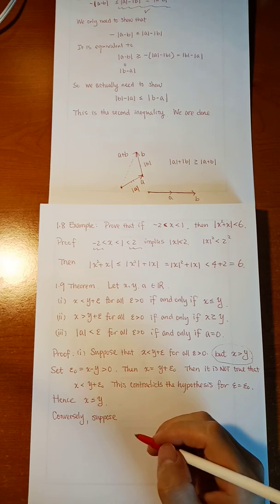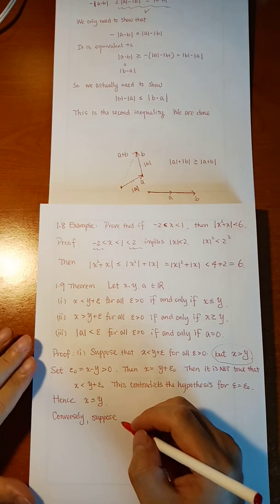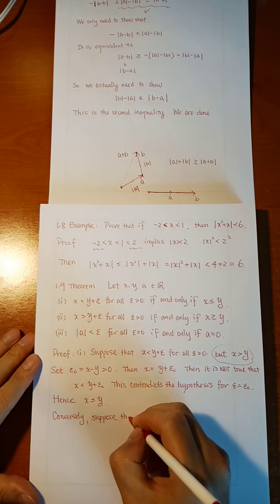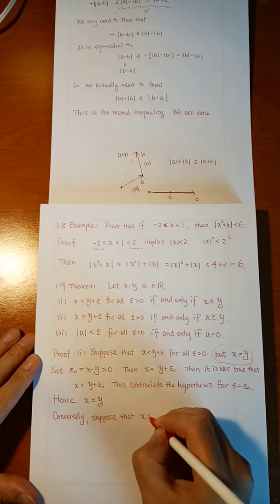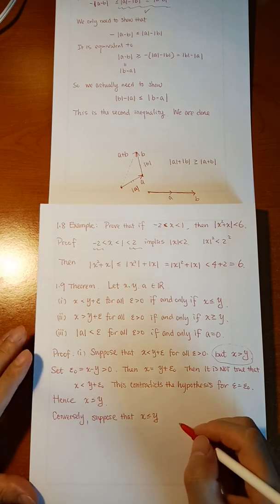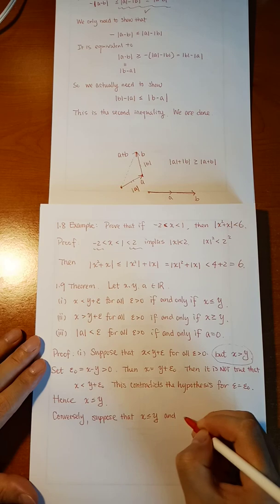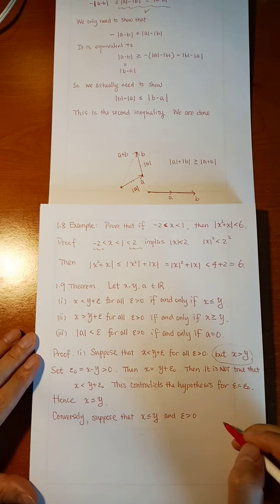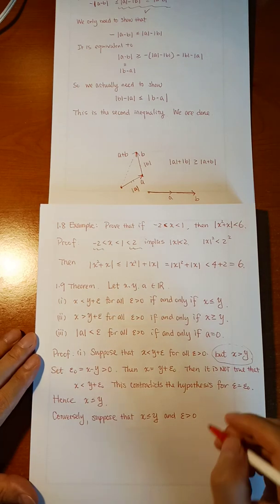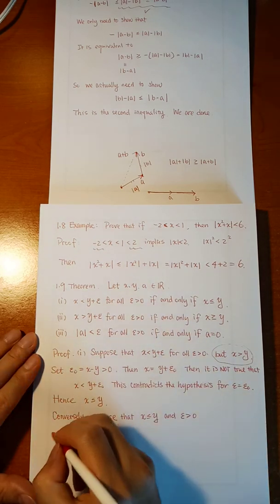suppose that x is less than or equal to y, and epsilon is greater than 0. X less than or equal to y, then you have two situations.